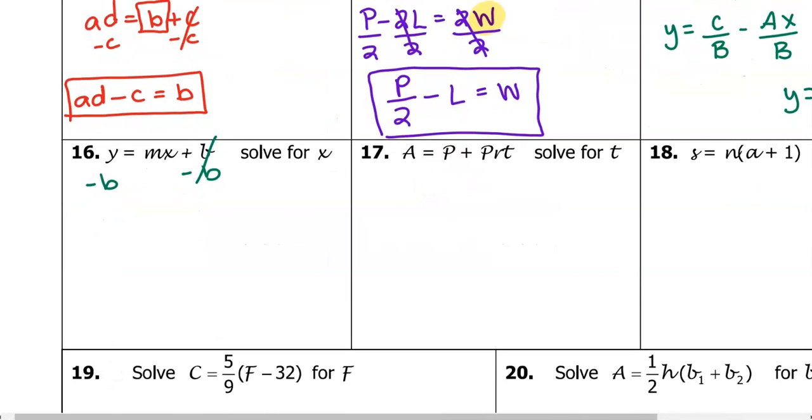And this is where not having numbers is kind of nice, because y minus b is just y minus b. It's still equal to mx. In our game plan, what are we doing with our m? Divide by m, and we have to divide each piece by it.